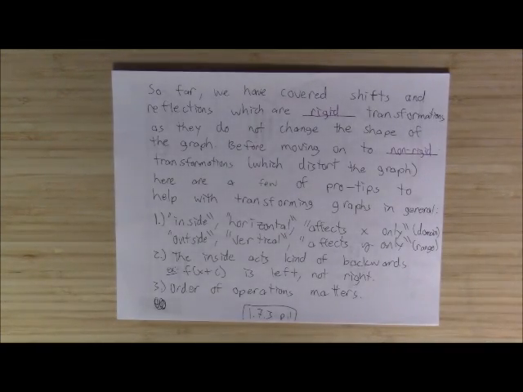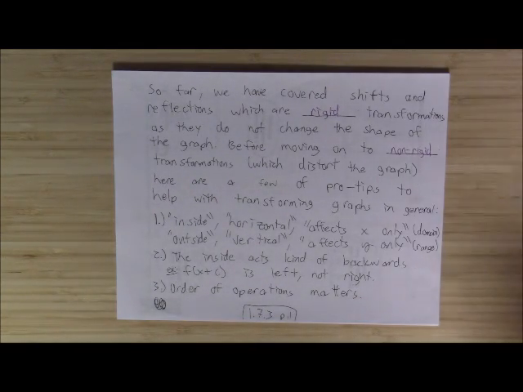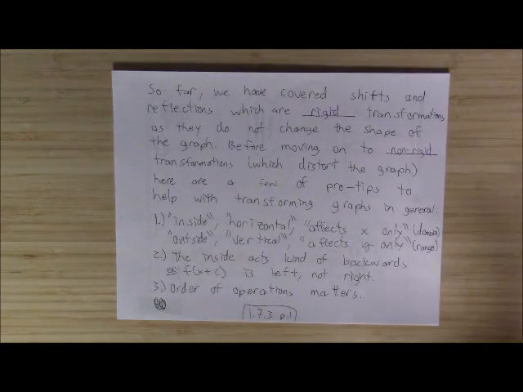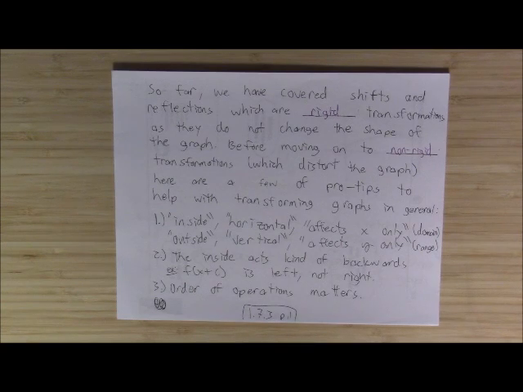Why is that? Well, the reason why order of operations matters is essentially, do we reflect first or do we shift first? And as we'll see later, do we scale first as well? And so because of that, it really does matter. And we saw an example at the end of the last video where that came into play.